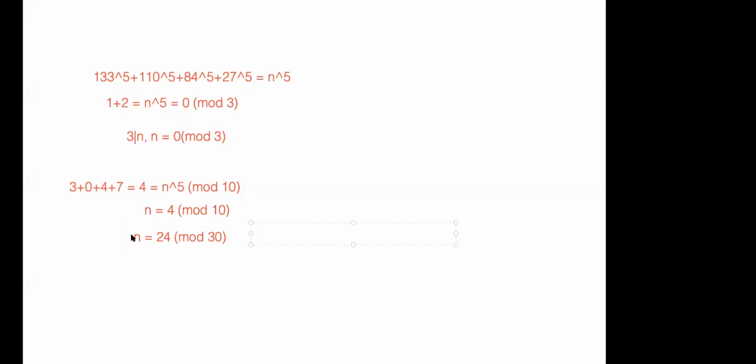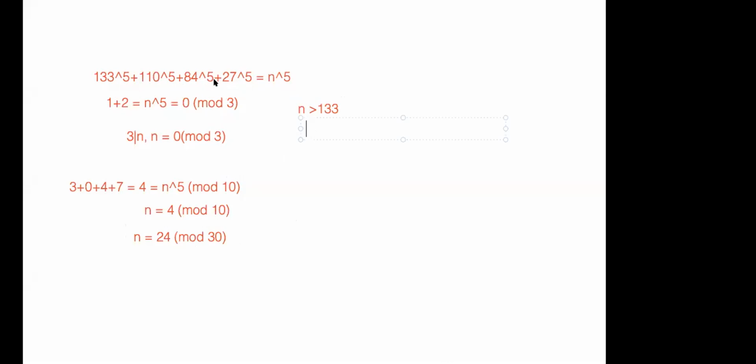Now let's do a bit of bounding because we already have a pretty good idea of where n is. So we know that n is greater than 133, of course. But then let's take a look at this a bit more.